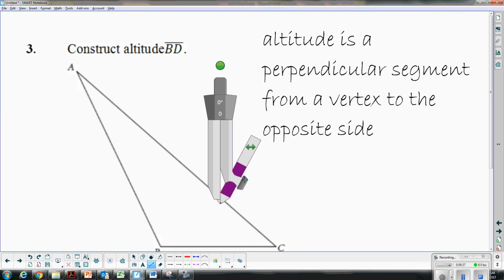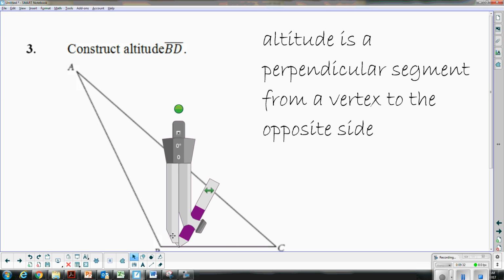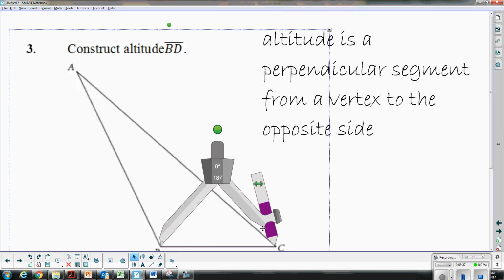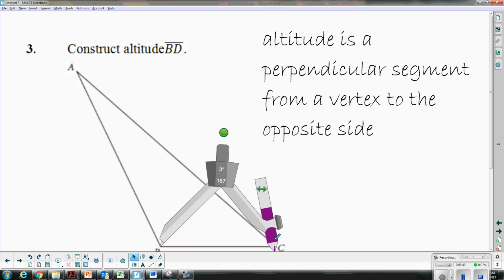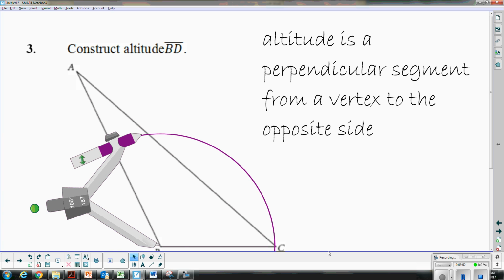So we're going to measure how big it is from B to C, and then we want another point that's the same distance away from B as C is from B. So we're going to use our compass, and now we have this point, and it's not point D, but let's call it F. So B is the same distance away from F as B is from C.